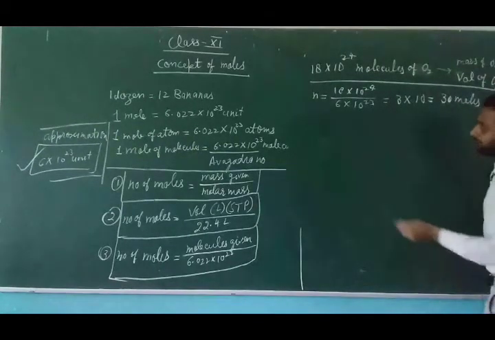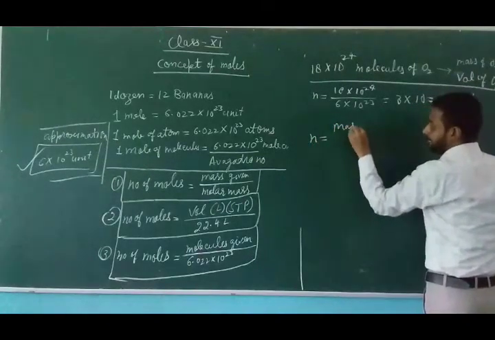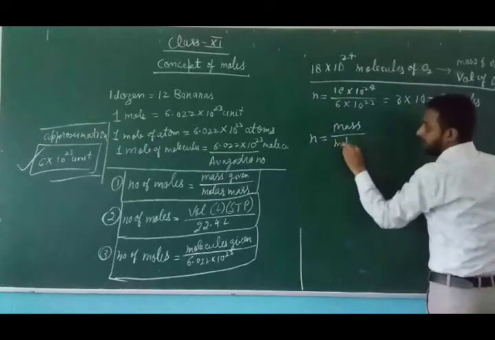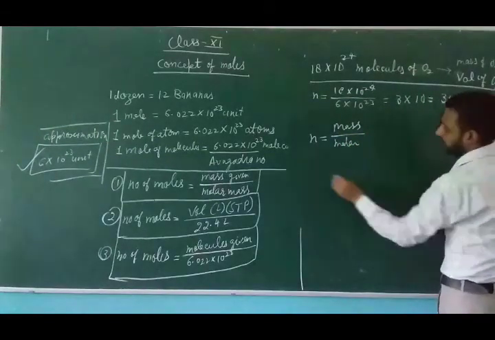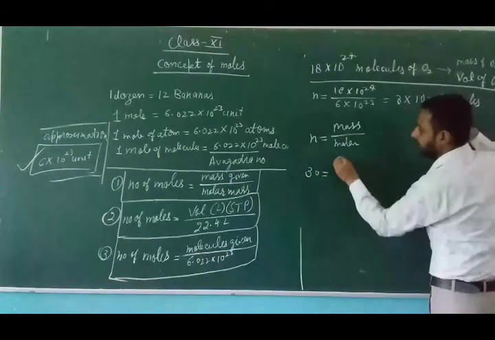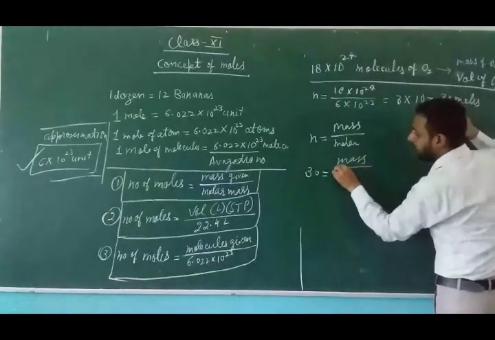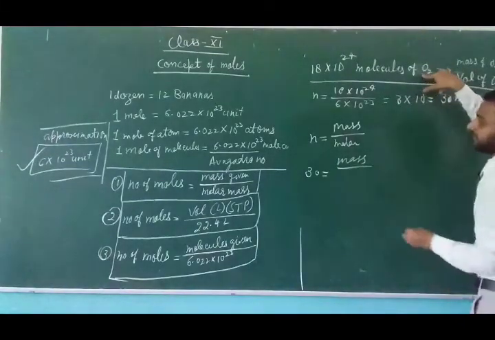How can we solve? The formula is number of moles is equal to mass upon molar mass. Number of moles is given, 30 moles, and now mass of oxygen we have to find out, and the molar mass of oxygen O2 is 32.